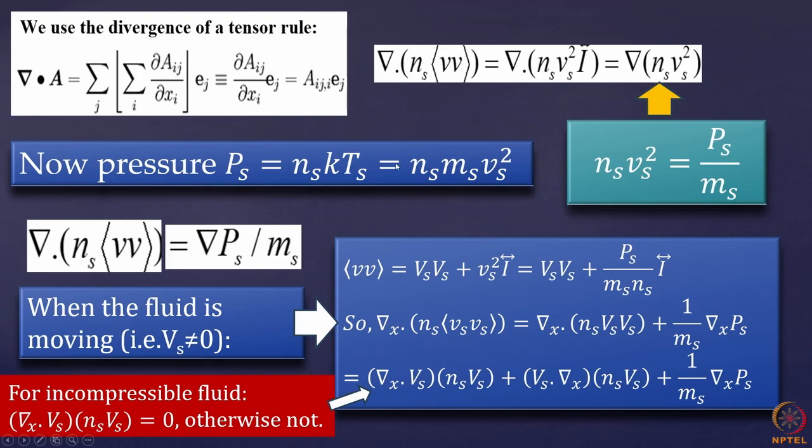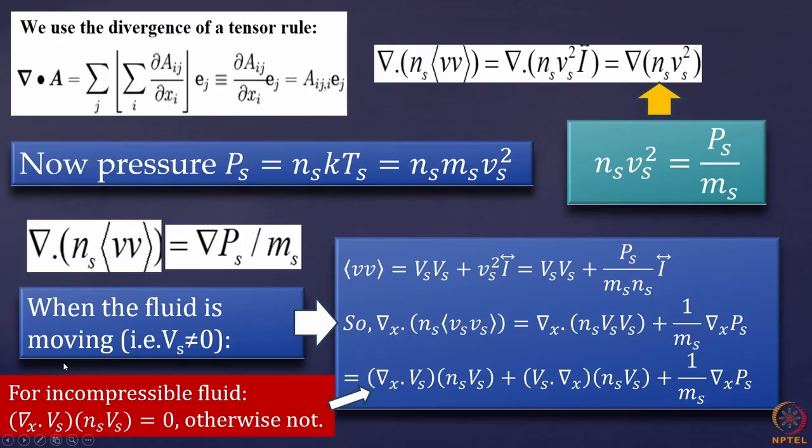So KTs and ms vs square, we exchange these two with each other, and we write ms vs square, ns into vs square; ms goes to this side, so ns vs square becomes Ps by ms.